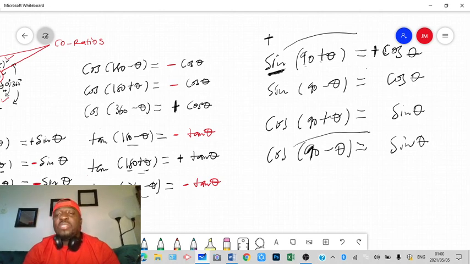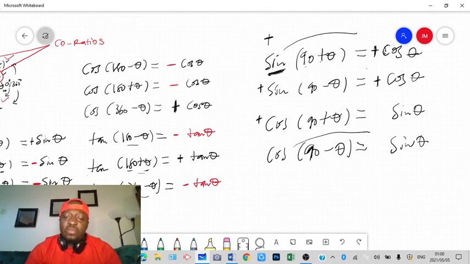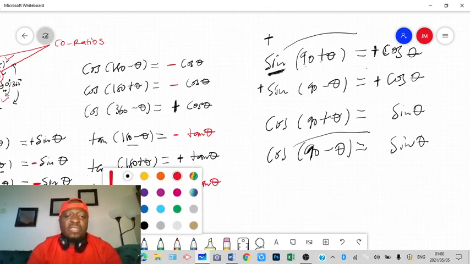The sign is positive. Sine 90 minus theta, sine in the first quadrant is also positive, so cos theta will still maintain as positive. Then when you go to cos 90 plus theta, sorry about the plus sign I put there, cos 90 plus theta.